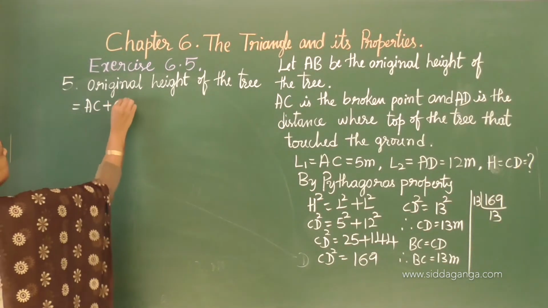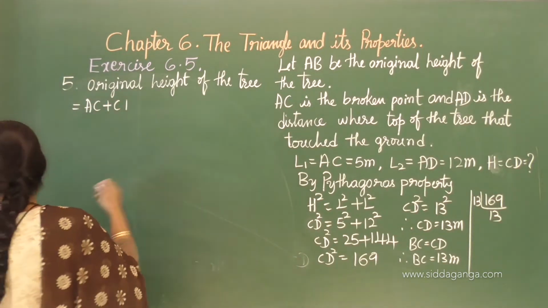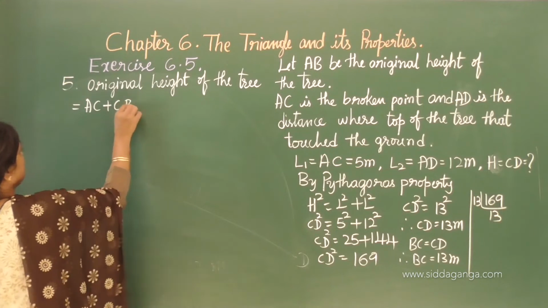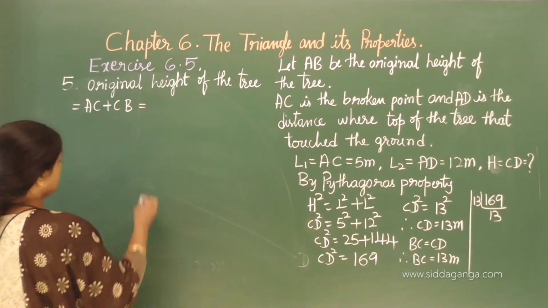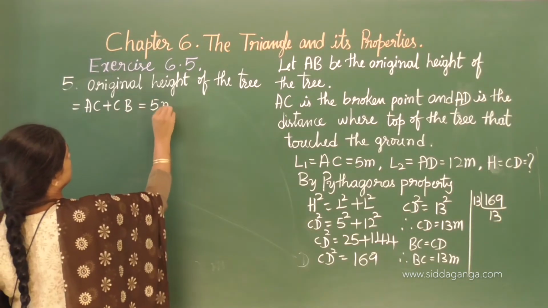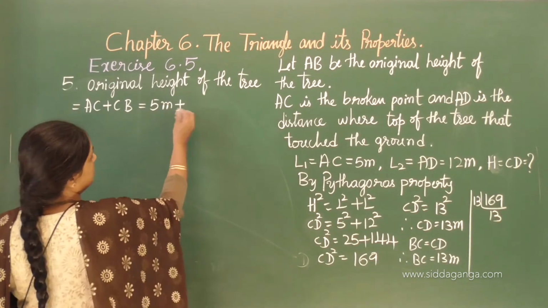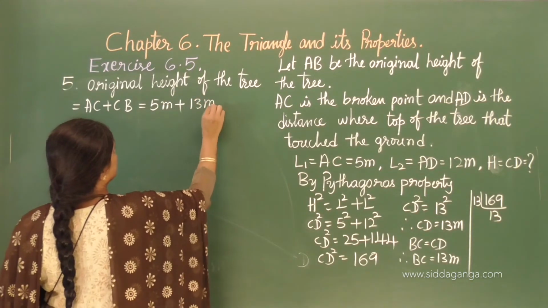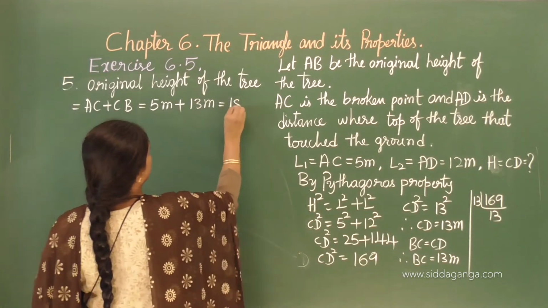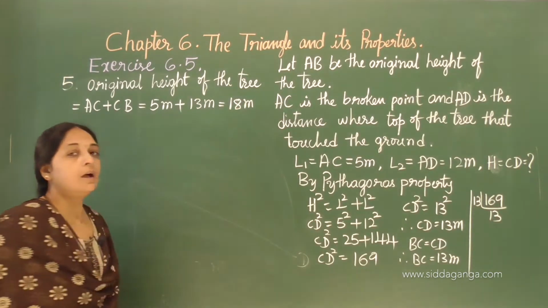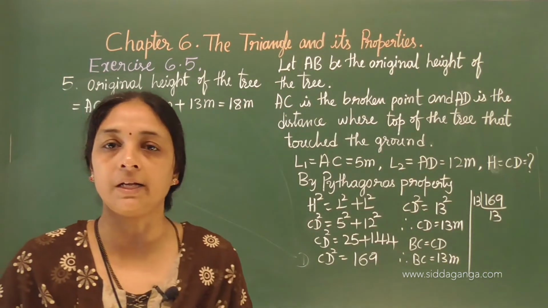AC plus CB or BC. That is equal to AC, which is 5 meters, plus CB, which is 13 meters, that is equal to 18 meters. The original height of the tree is 18 meters.